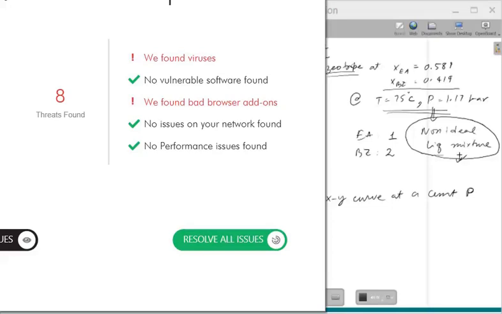So interactions change upon mixing. That is non-ideal mixing. So for non-ideal mixtures, there is an altered interaction as compared to their pure states. All right.